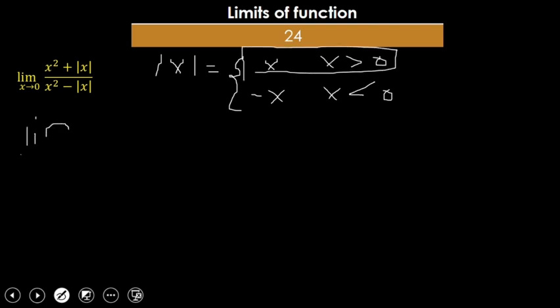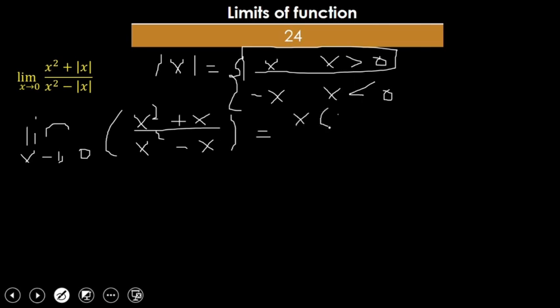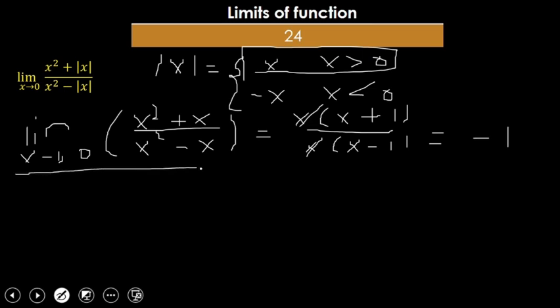Therefore, you have the limit as x tends to 0 of x square plus x all over x square minus x. We take out the x: x into x plus 1 all over x into x minus 1. The answer will be negative 1. We also have to take the negative part of it since it's not precise.